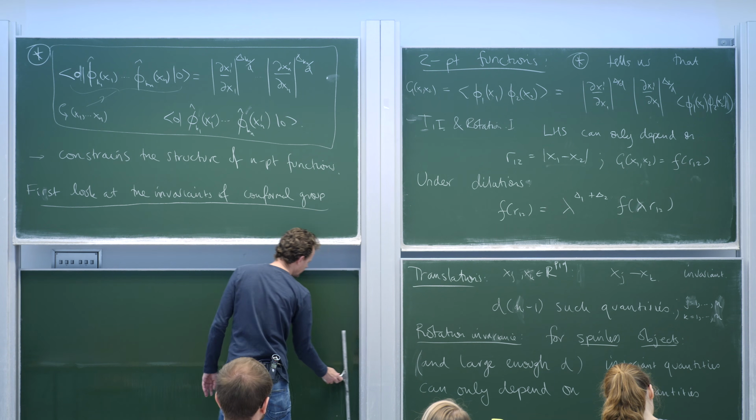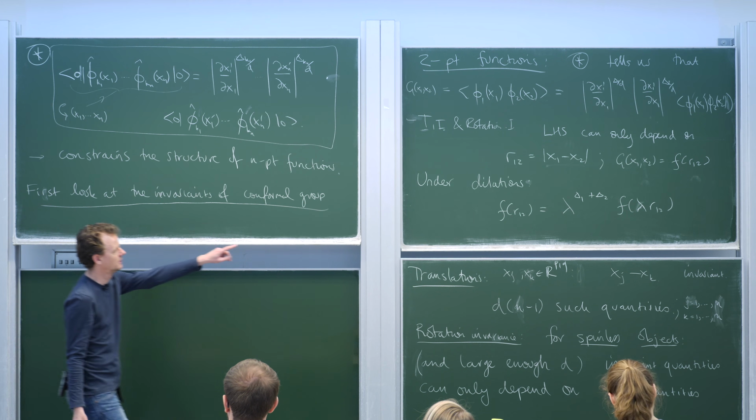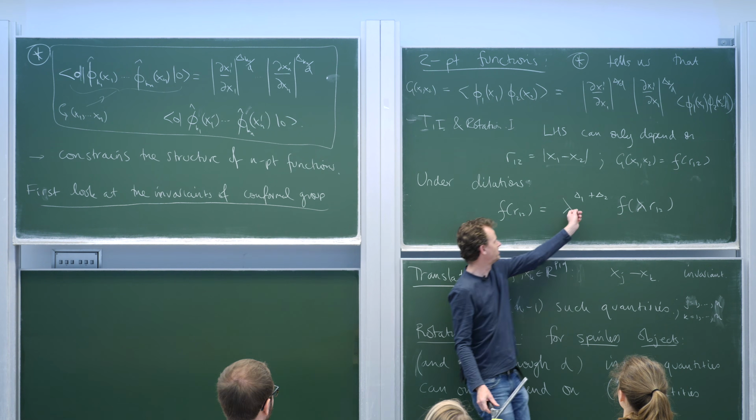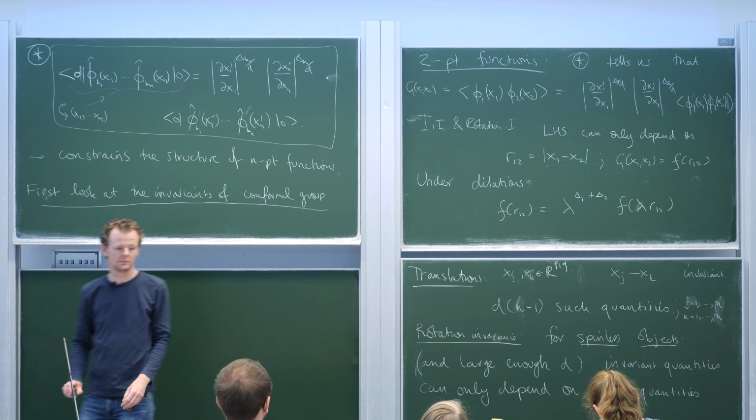So whatever function f is, it has this nice property that if you rescale its argument and multiply by lambda to the delta 1 plus delta 2, you get back the function.